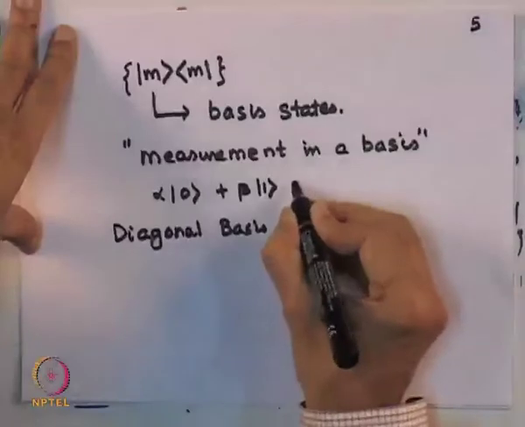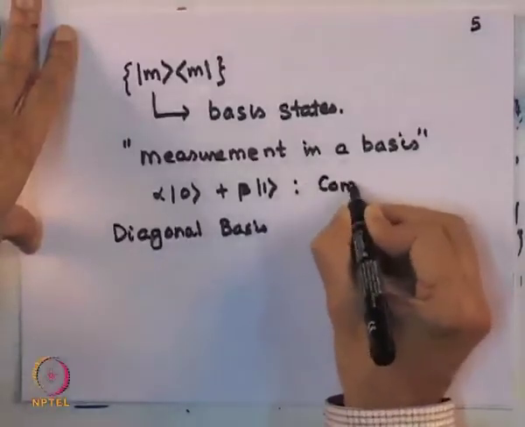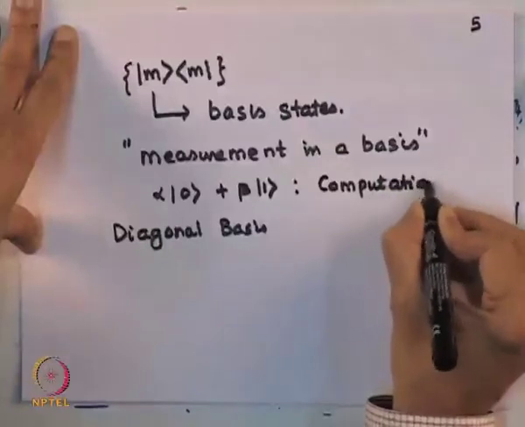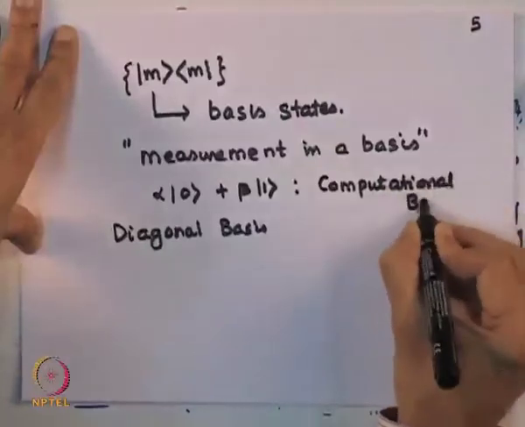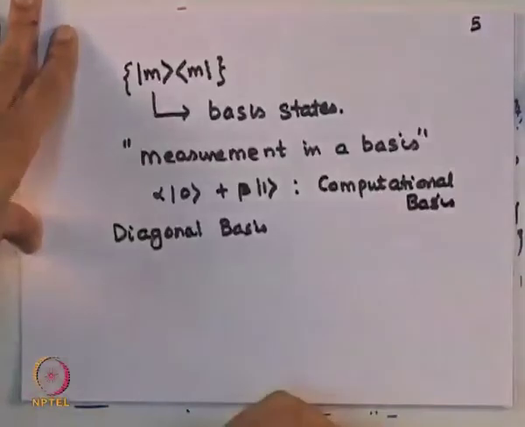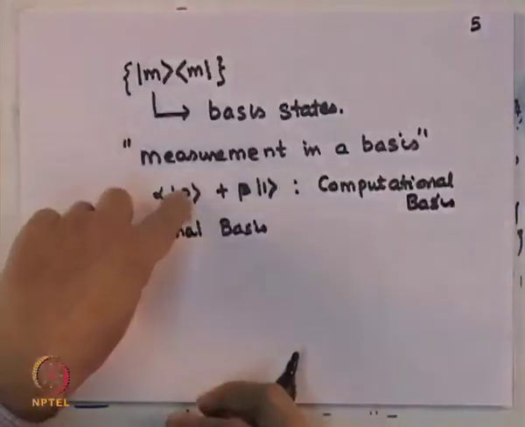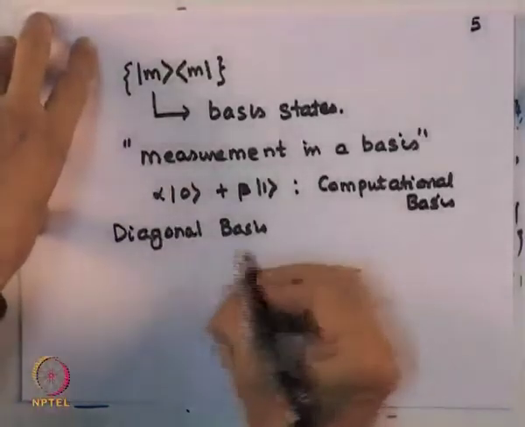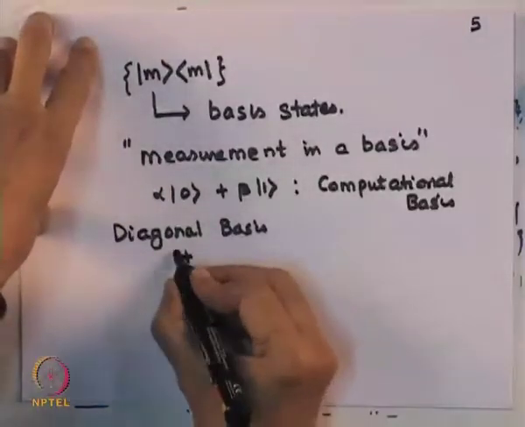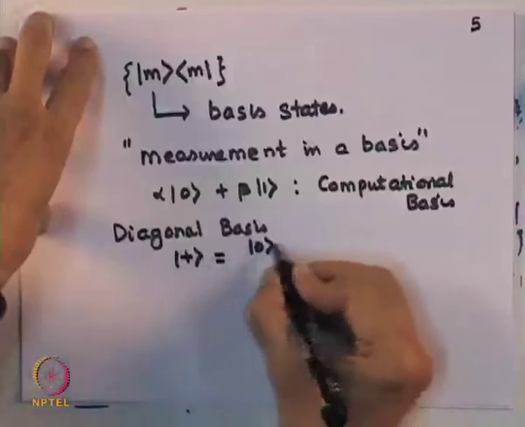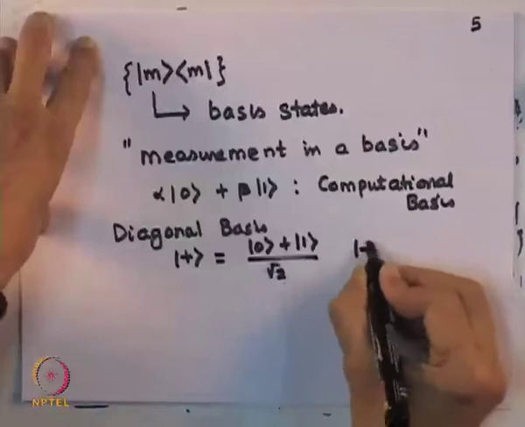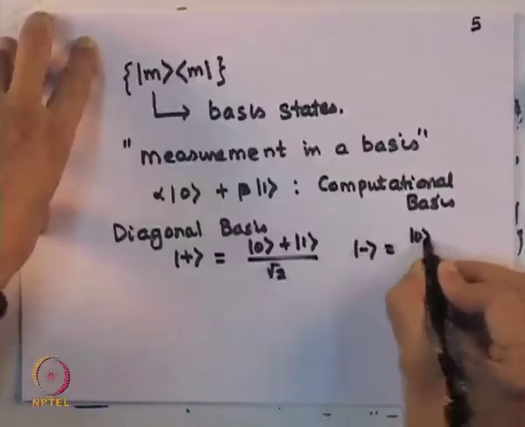See, this is written in what we call the computational basis. So we have a state which is given in the computational basis, whose basis states are 0 and 1, and I want to measure it in a diagonal basis, whose basis states are plus, which is equal to 0 plus 1 by root 2, and minus, which is equal to 0 minus 1 by root 2.